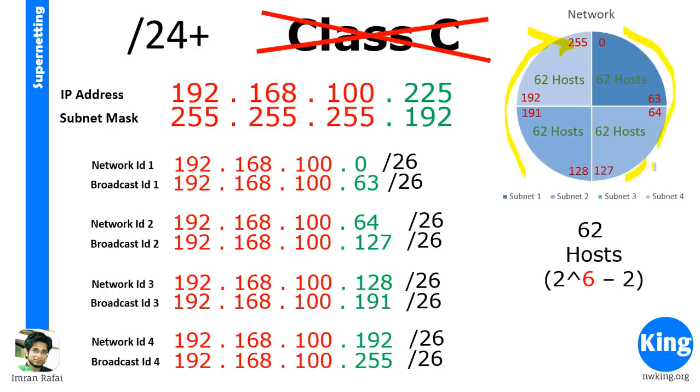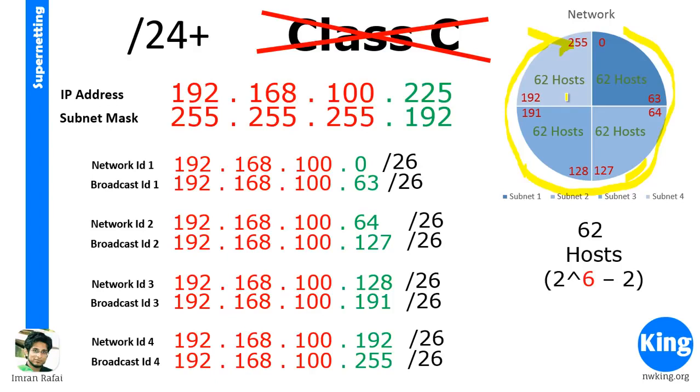So it started from here and it ended here. It included all these 256 IP addresses in 192.168.100.0/24. Now we broke it down into 4 networks: 192.168.100.0, 100.64, 100.128, 100.192, all /26.